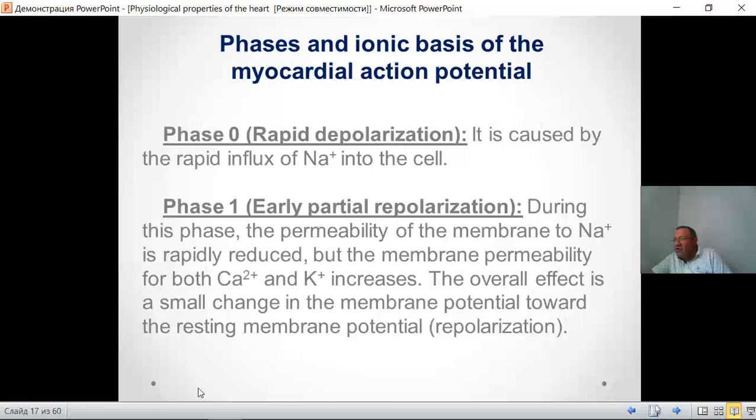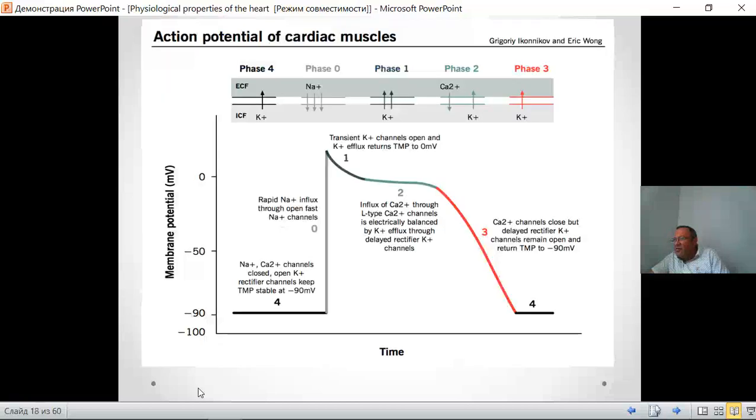Fast sodium ion channels close. Recall that fast sodium channels are time dependent. L-type, or long-opening, calcium ion channels open when the TMP is greater than minus 40 millivolts and cause a small but steady influx of calcium ions down their concentration gradients.